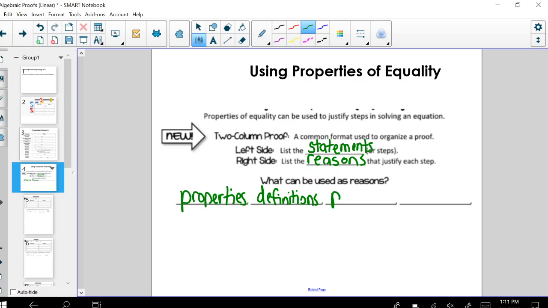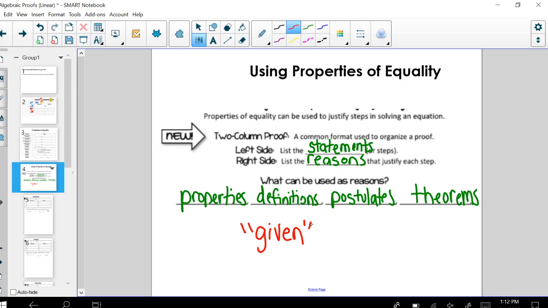They can be postulates. Or they can be theorems. The only other thing that we are going to see besides these four things in that right-hand column as a reason would be given. So typically when you're doing a proof, you're given some sort of information to start with.